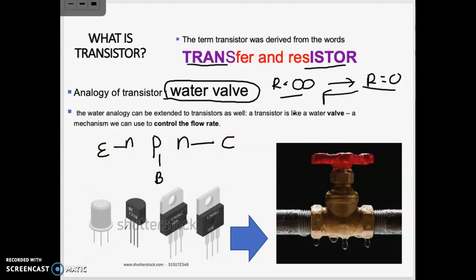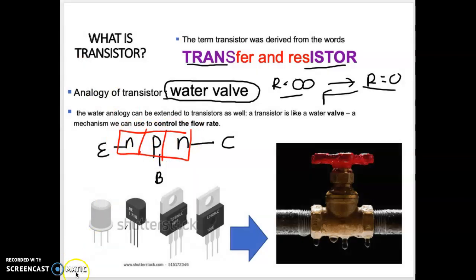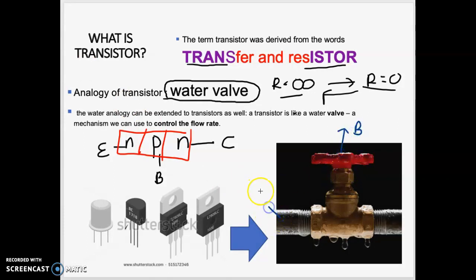If we make an analogy of the transistor, we can imagine it's like a water valve. The middle one here is like your base, here is like your emitter, and here is like a collector. The base, the valve here, is controlling the water flow.